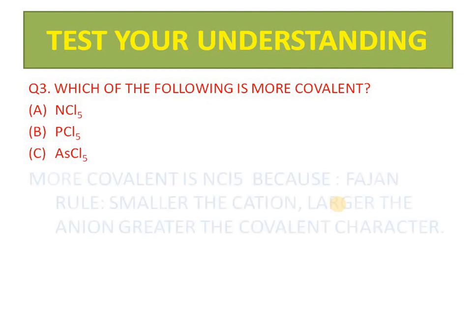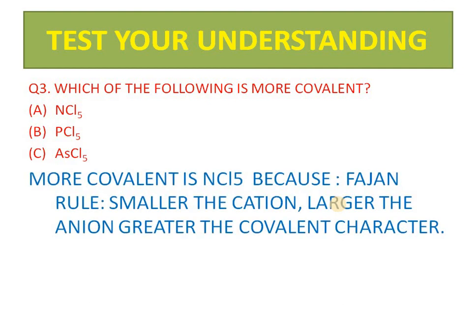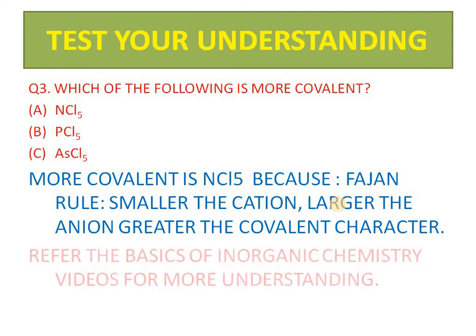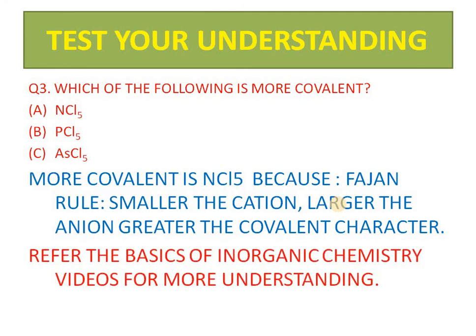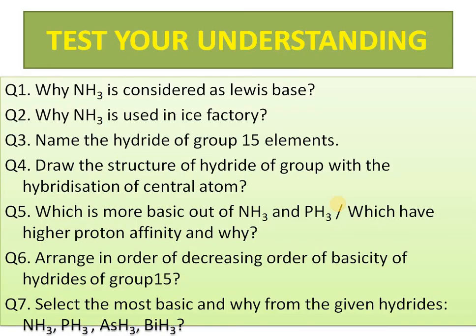So the more covalent one is NCl5. If you want to know more about Fajan's rule, you can check the inorganic chemistry basic videos 1 to 4. If you are able to solve it in a good manner, that's good.